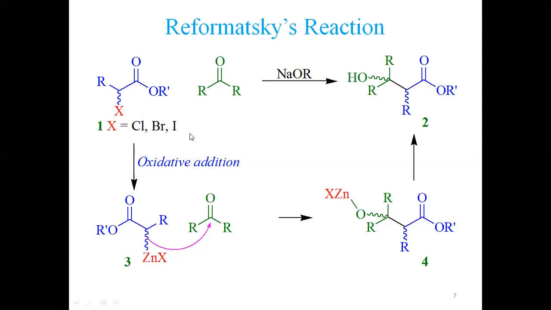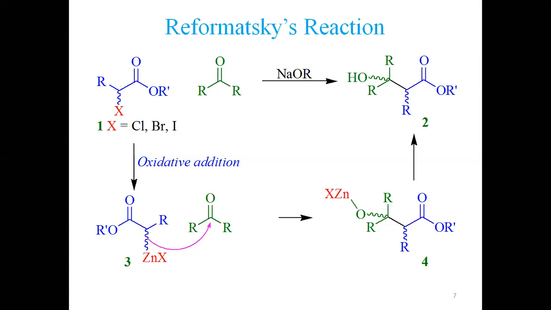All right. Now negative charge on carbon is generated in a different way. This is what is being done, and we are successful in generating beta hydroxy esters, and a new carbon-carbon bond has been generated between a ketone and a simple ester. This is what is called the Reformatsky reaction.